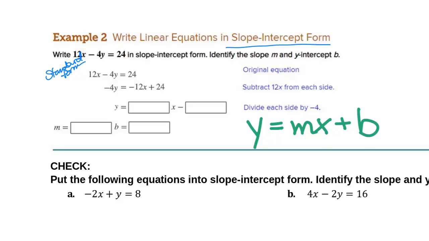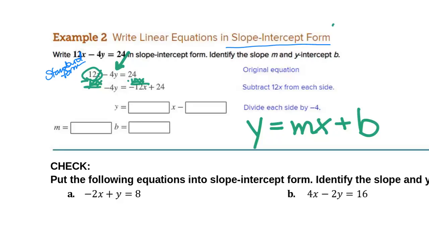So we are striving to get y by itself. So first up, I don't want to move the y, I want to move the x term to the other side. So I would subtract 12x. So yes, I encourage you in this very small space that they don't give you any room, subtract 12x.